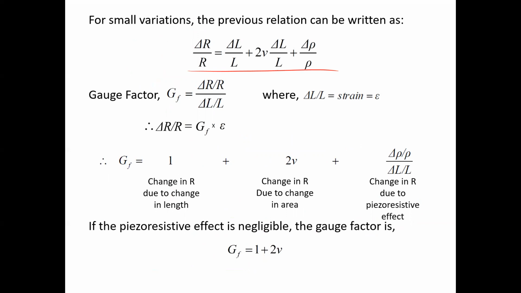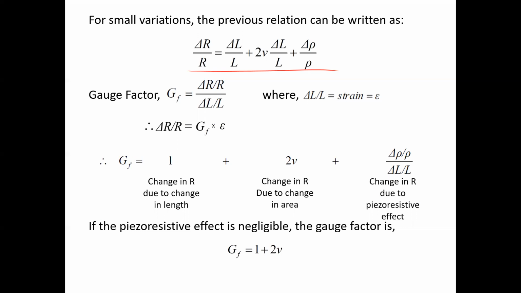Now let us define what the gauge factor is. Gauge factor is the fractional change in the resistance due to the change in applied strain. So let us consider, as we initially considered, that the stress is being applied in the longitudinal direction and it is increasing the length.